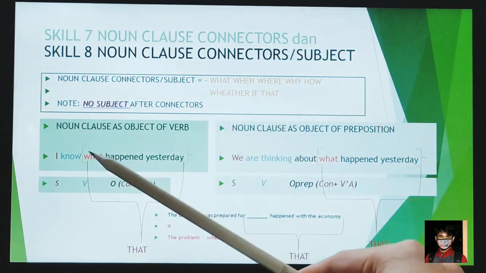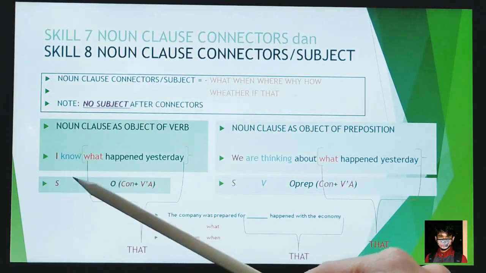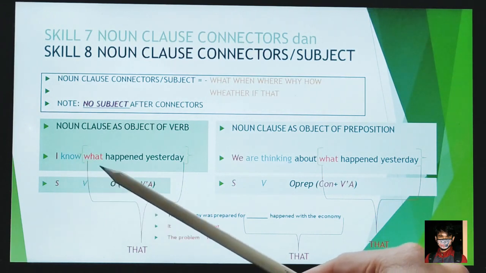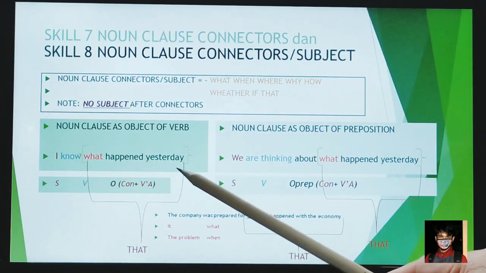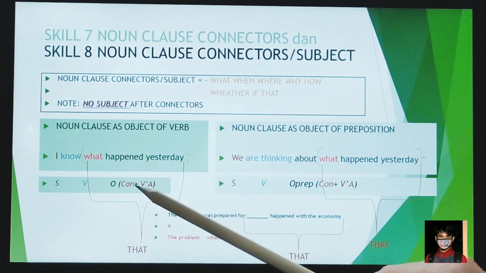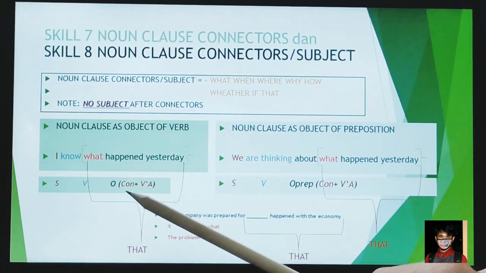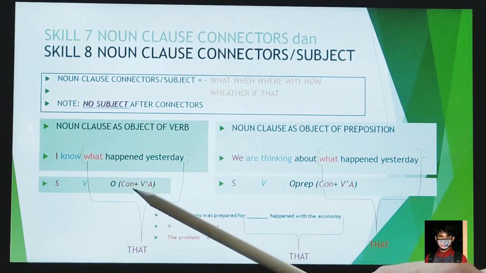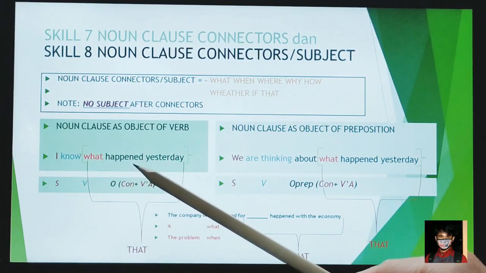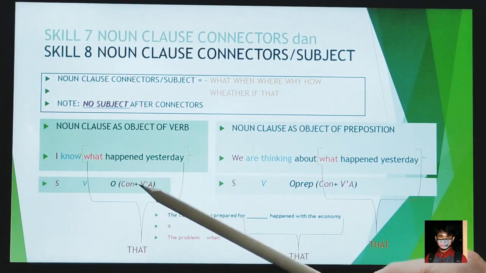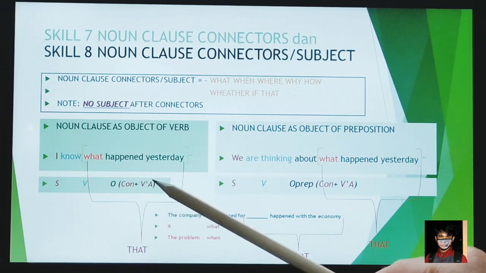I as a subject, know as a verb, and what happened yesterday is identified as the object, which is followed with connectors. So the connector what is followed with a dependent verb, and also an adverb.